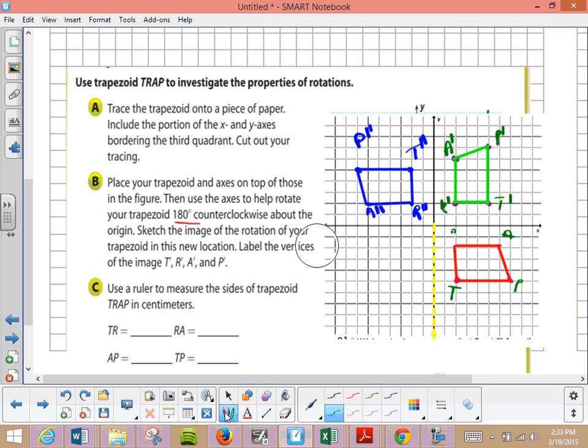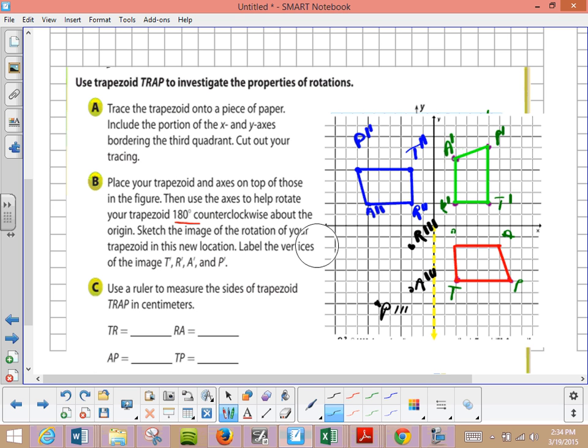So 2 right here. This is R triple prime. And then right here would be 4 more right there, and that'll be A triple prime. And then you go up and it'll be 1 more, 5 right here, P triple prime.